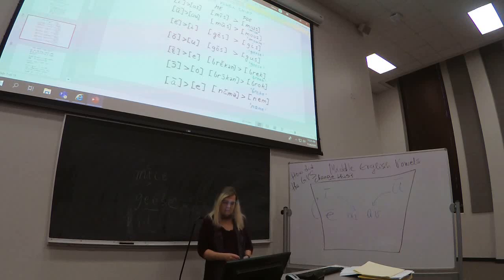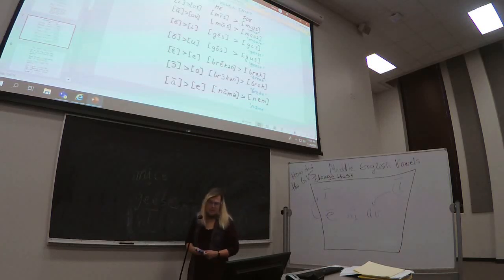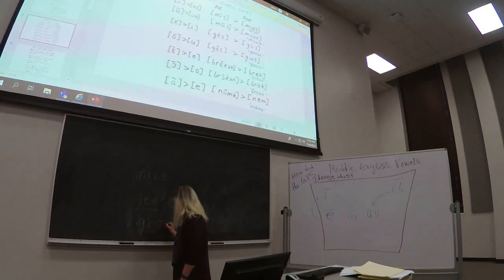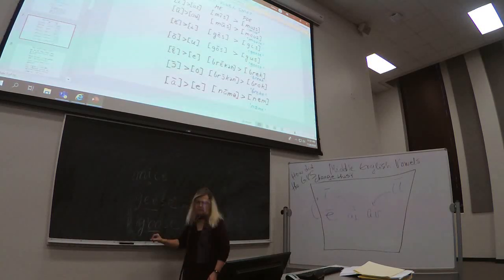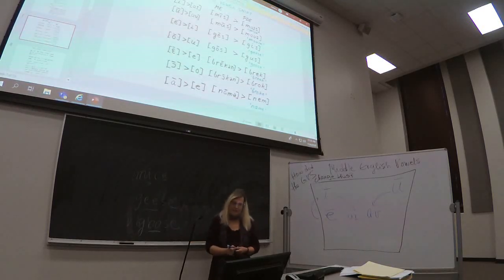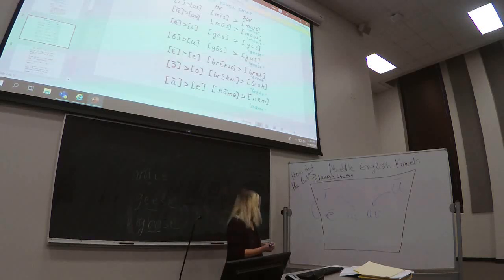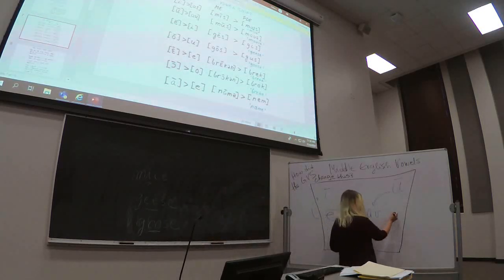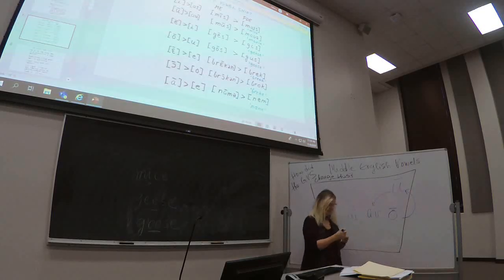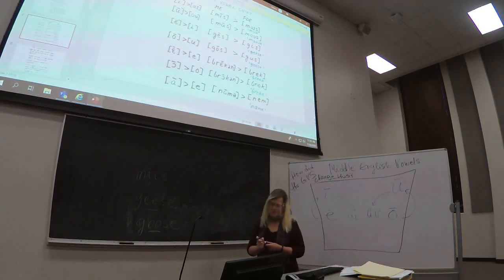Now it's singular. Goose is pronounced as goose, but look how we write it. We write it as if we lived in Middle English times. So the long O went up, right? Became an U.